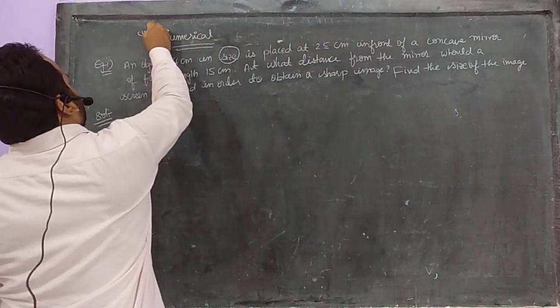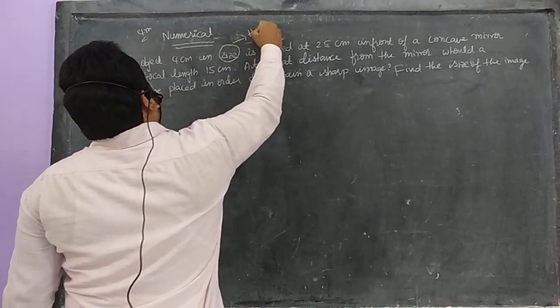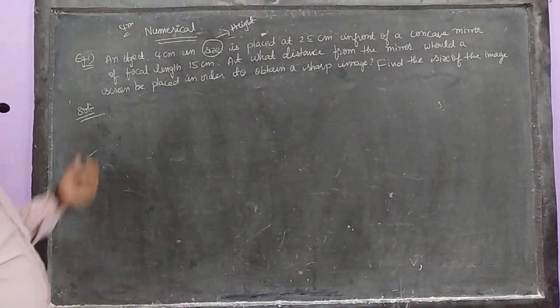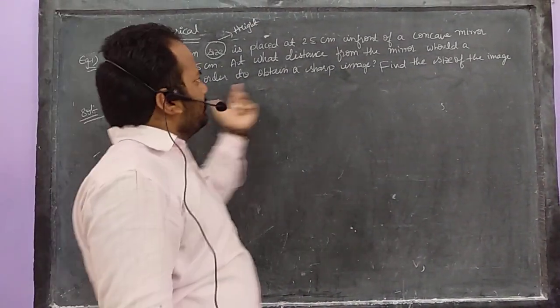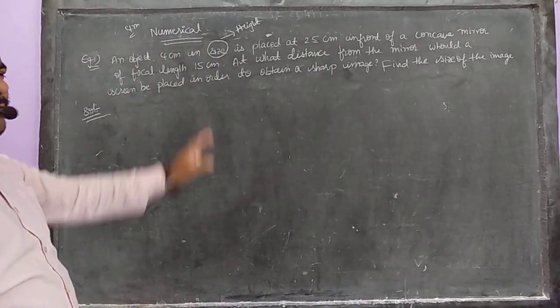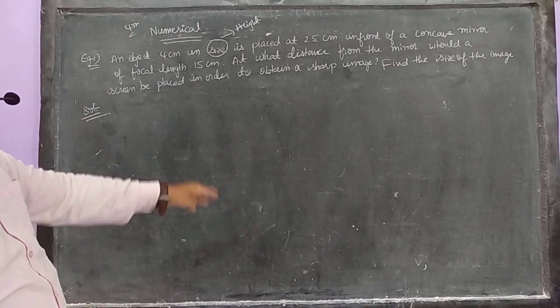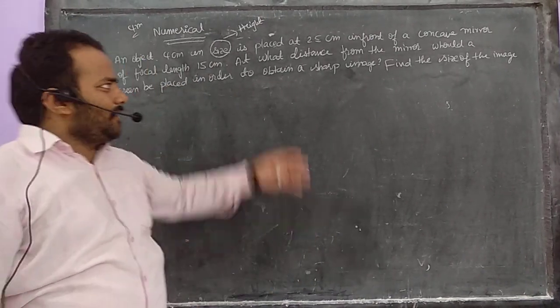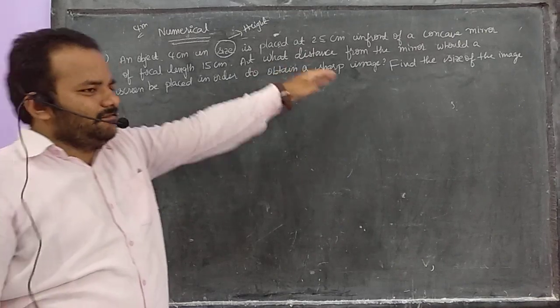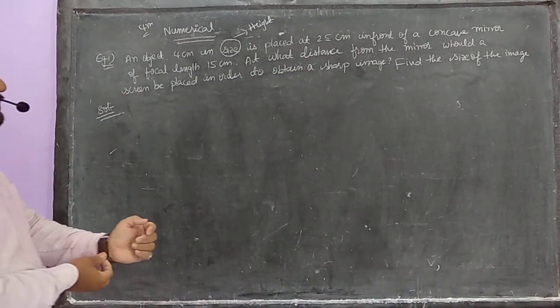Size is nothing but height. Whenever you do such problems in physics, don't worry that it is lengthy and not possible. Be relaxed. Read the question carefully, bring the given terms outside. I will help you, don't worry.